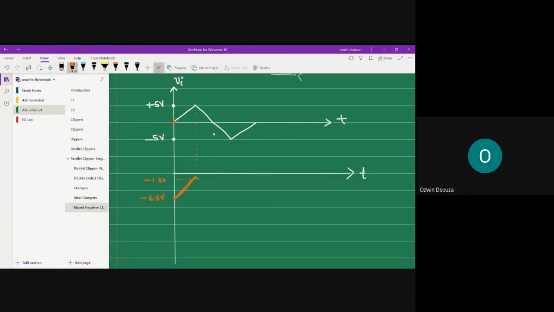And similarly, when your input becomes 0, the output becomes minus 6.3. Okay, so that's for the positive half cycle. And for the negative half cycle, when your input attains 5 volts in the negative direction, your output will be at minus 11.3, right?